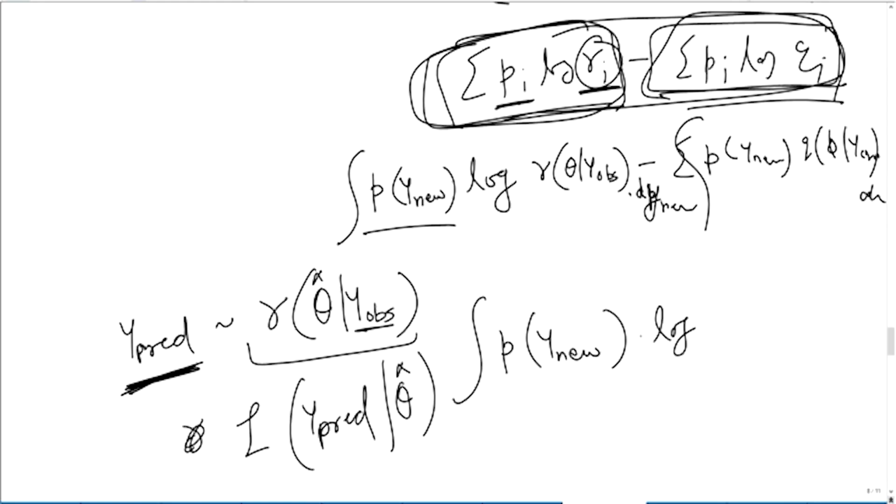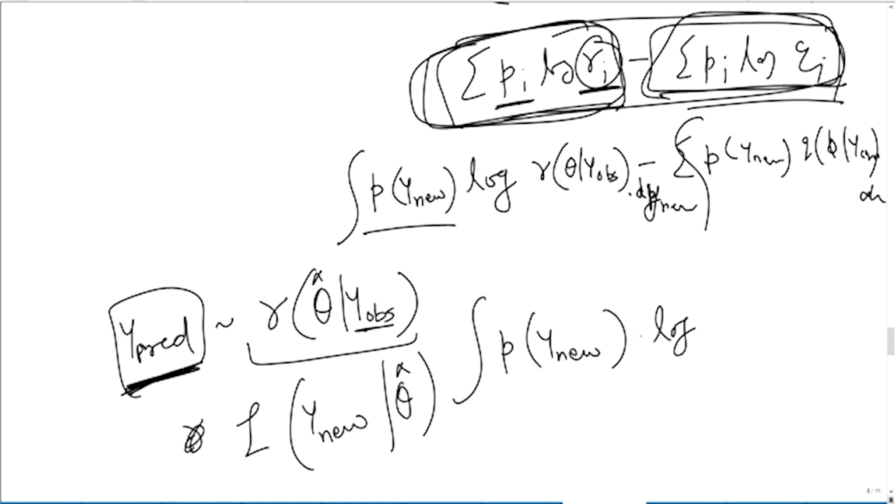Basically this is the likelihood of observing any future data. Not predicted, we should write new data. So the likelihood of observing this new data given some estimate of theta hat from its posterior distribution.